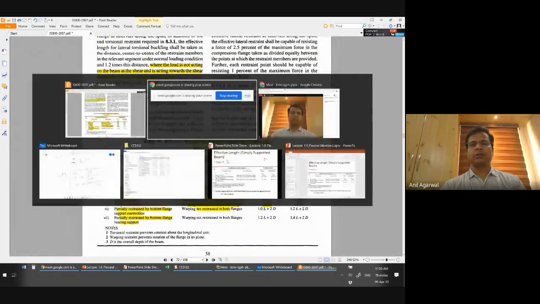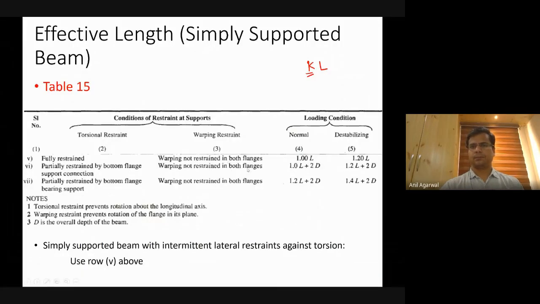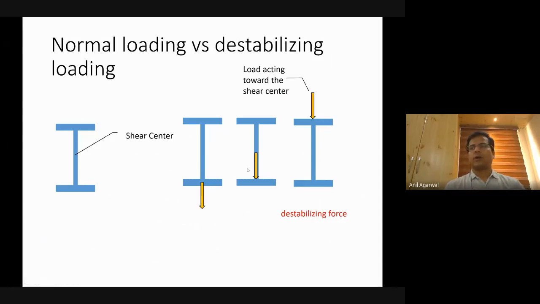But did you understand what the destabilizing effect is from that definition? For example, if you have a beam like this, no matter whether it is a simply supported beam or a cantilever beam, if the load is acting here at the bottom, that is away, the load is not acting towards the shear center.